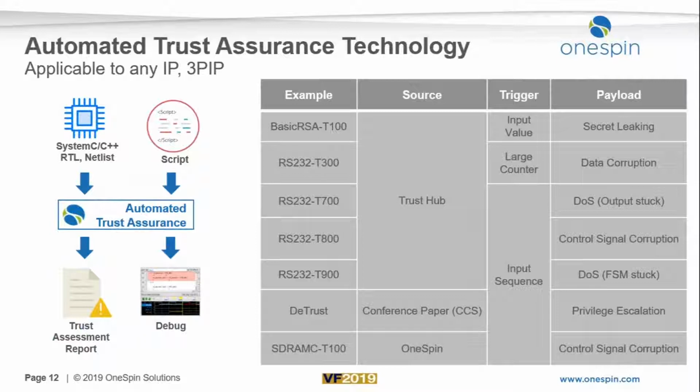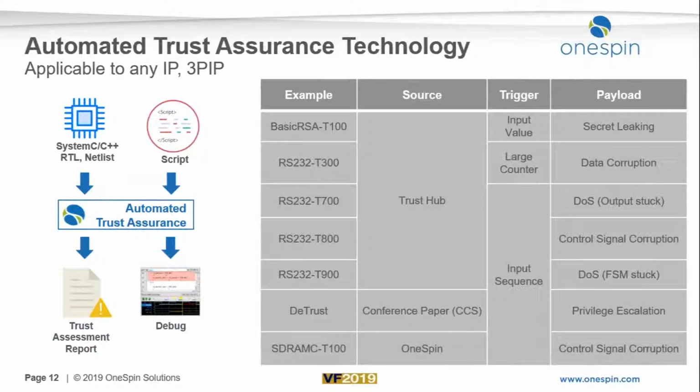If we look at the triggers, you could have a very simple trigger where you just have a specific input value that triggers the Trojan. You can have a large counter. You can have an arbitrarily complex trigger where you might need a very complex sequence of things to trigger the Trojan. And you can really distribute this into the normal logic of the circuit.